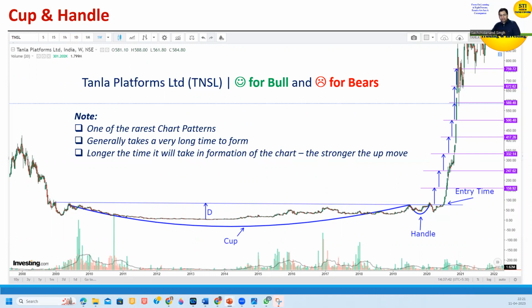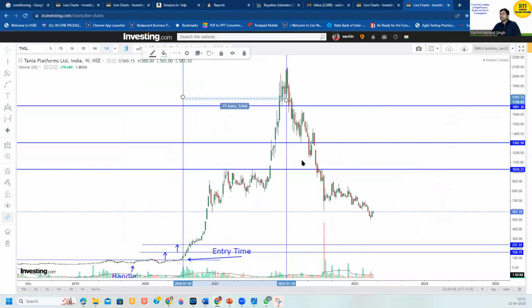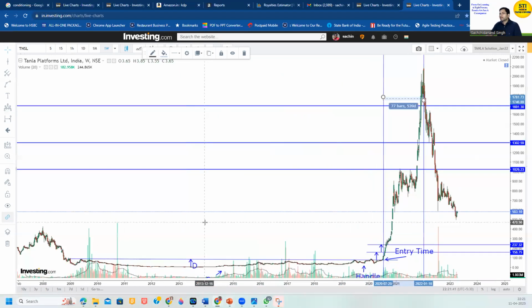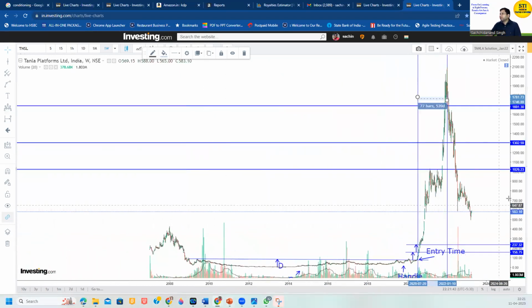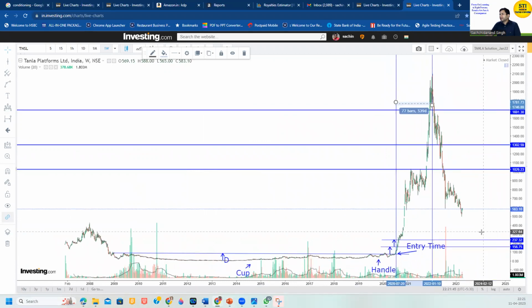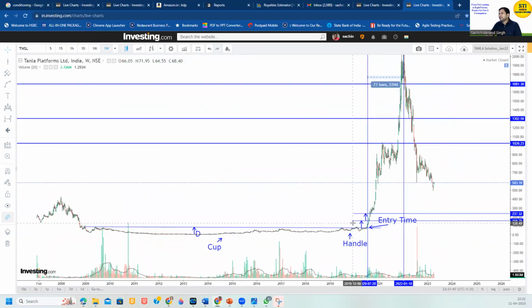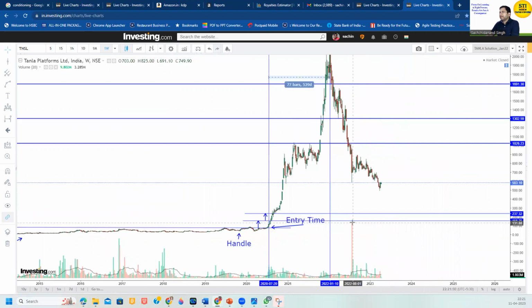So in this particular example, the Tanla Platforms stock took more than 10 to 11 years. And then when the breakout happens, it keeps on moving up and up, and that is the reason for the very strong move, more than 40 times. Any questions on this concept?